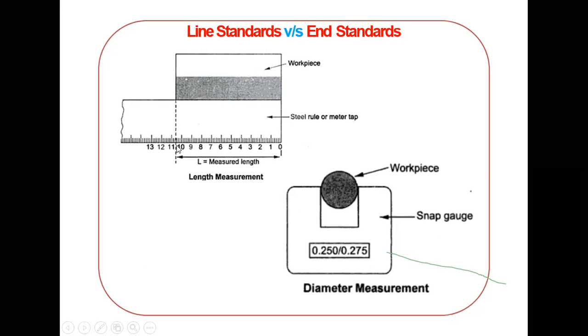It is greater than 10 centimeters and less than 11 centimeters, that is up to 11.8. So the steel rule length is greater than the workpiece, so what is to be calculated is less than the instrument that is used to measure it.